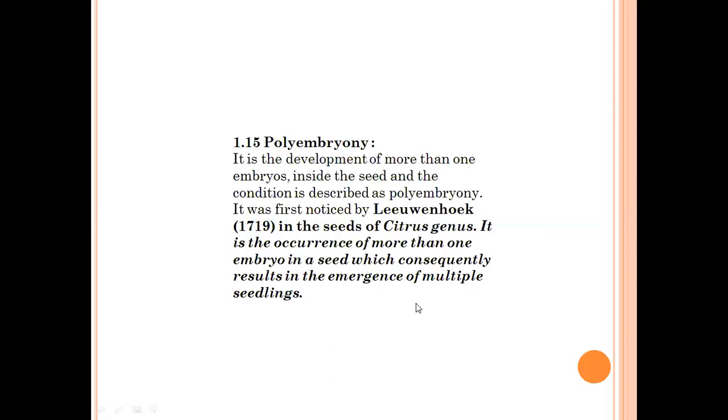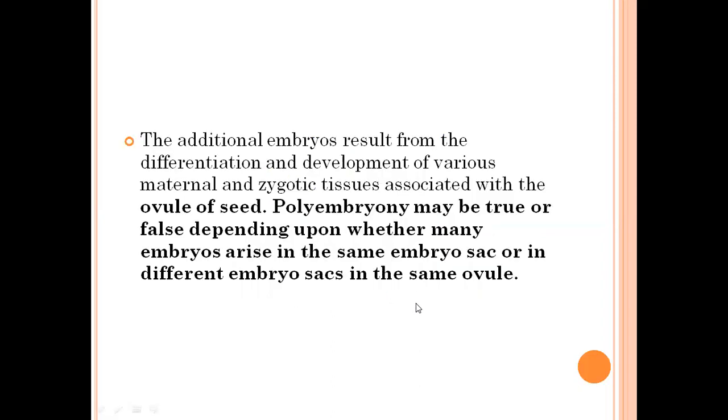Now the additional embryos result from the differentiation and development of various maternal and zygotic tissues associated with the ovule. Additional embryos, where do they come from? They come from the differentiation and development of maternal and zygotic tissues present inside the ovule.